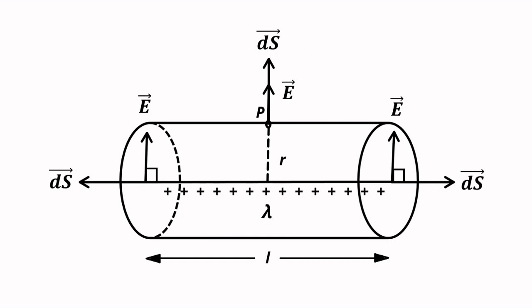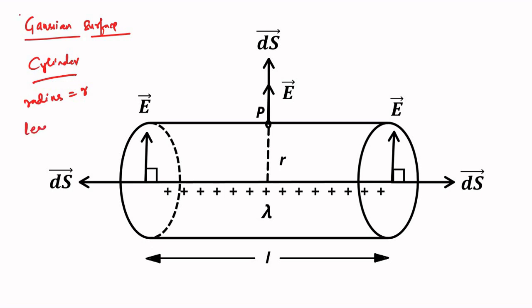So the Gaussian surface is an imaginary cylinder with radius equal to r and length equal to L. It's hypothetical, so that it fully covers the wire.